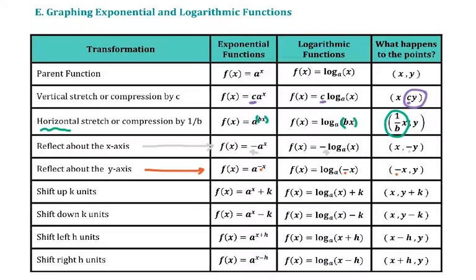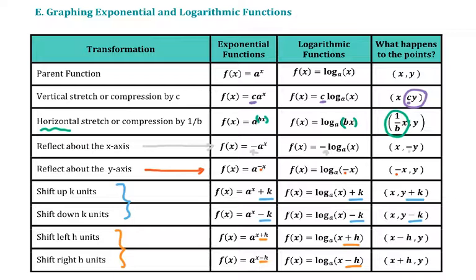Adding a value on the outside, that would be a shift up or down. So plus minus k, that is a vertical shift, and we would add or subtract k to the y. And then lastly, adding h on the inside or subtracting h on the inside.